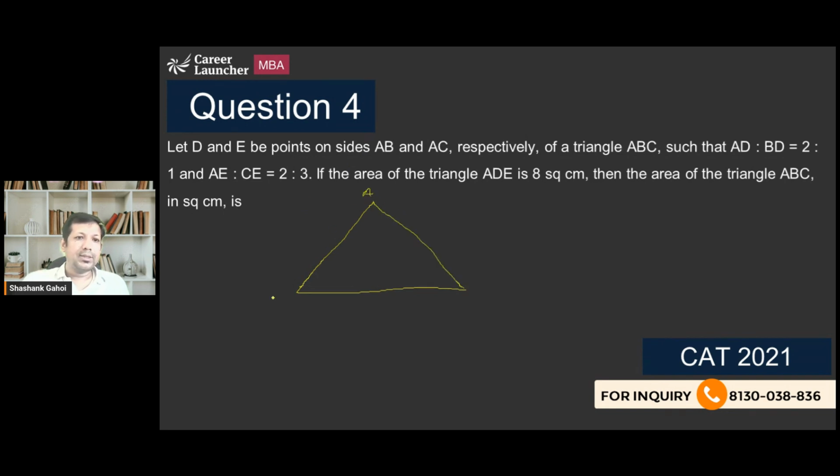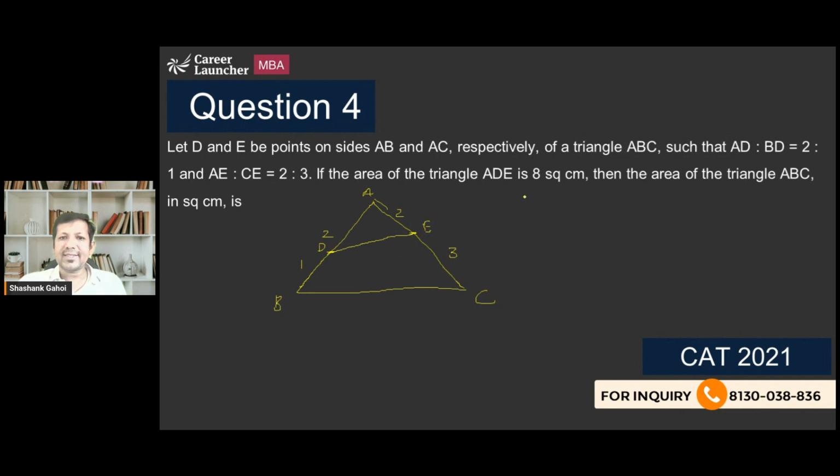This is A, this is B, this is C. D is on AB, and AD to BD is 2 is to 1. So this is going to look like 2 is to 1. AE to CE is 2 is to 3. So this is point D, this is point E, and this is 2 is to 3. Now the area of triangle ADE is 8 square centimeters, and the question is asking about the area of ABC.